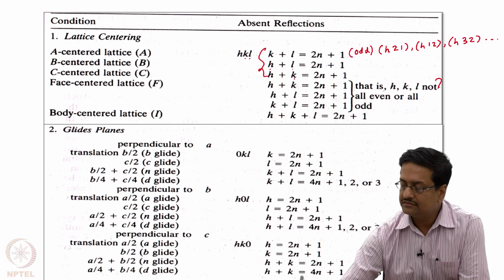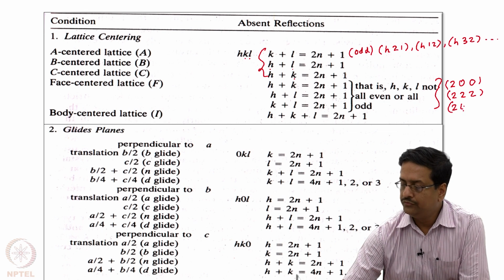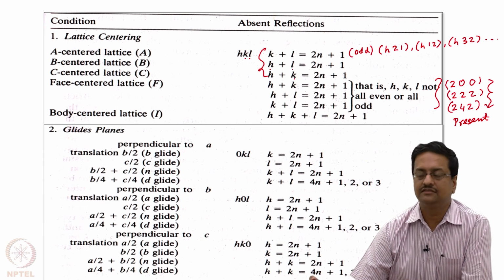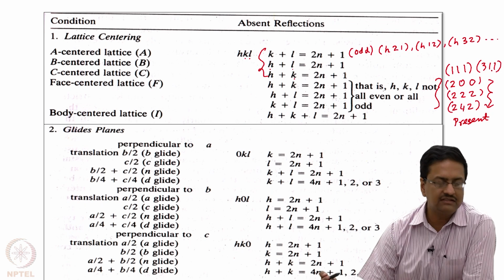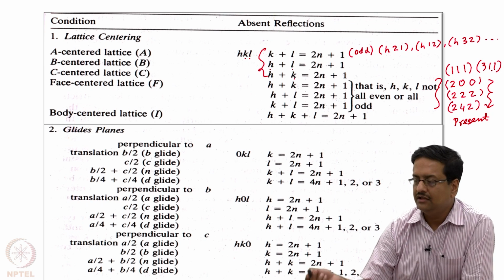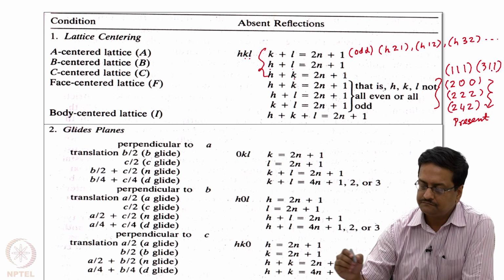So, in this case, only reflections like 2, 0, 0, 2, 2, 2, 2, 4, 2, this type of reflections will be present and any other reflections will be absent. Similarly, all odd also will be present. So, 1, 1, 1, 3, 1, 1, these are all odd sets of reflections and they will be systematically present, all others will be systematically absent.